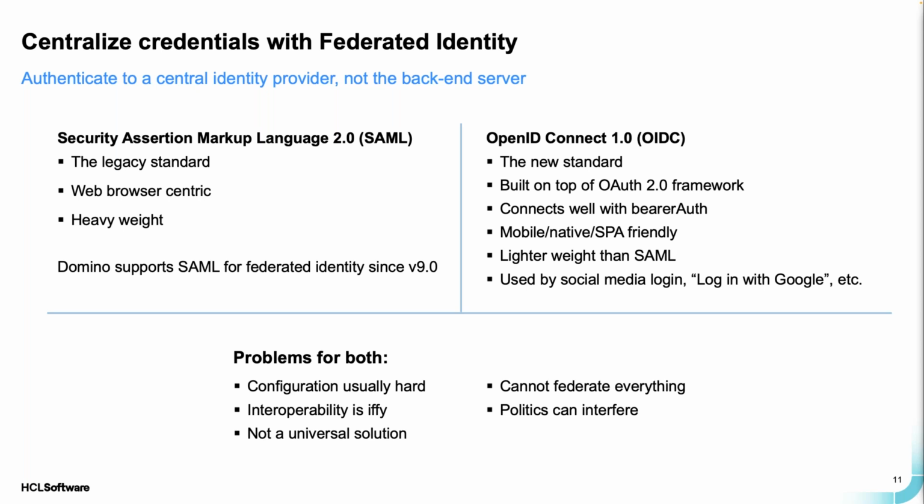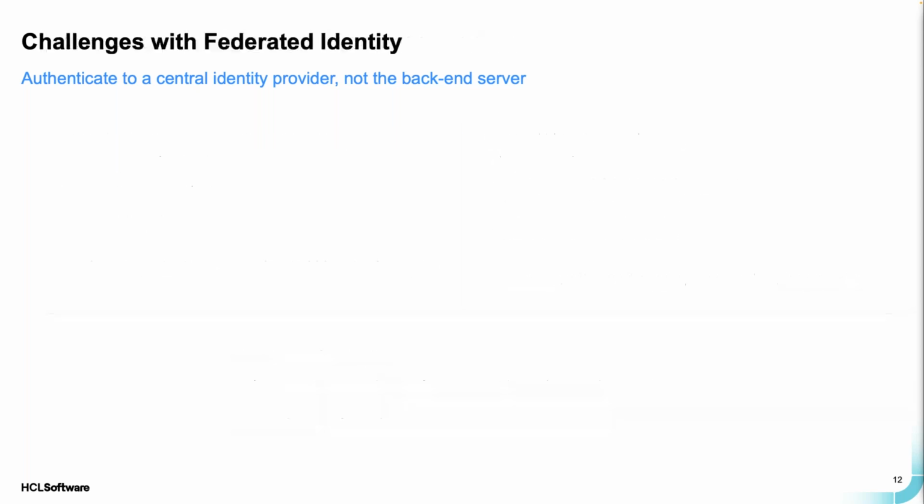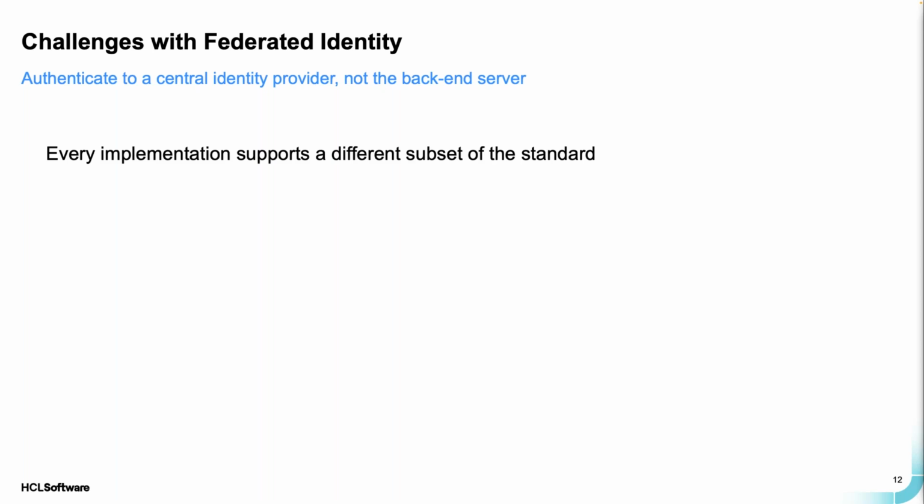But there are problems in both of these. Configuration is hard, interoperability is iffy, and you can't federate everything because politics gets in the way. So let's say that you have a corporate identity provider run by a central IT team, and they guard that ferociously. How do we actually get a new application or a test application or a dev application integrated with that provider?